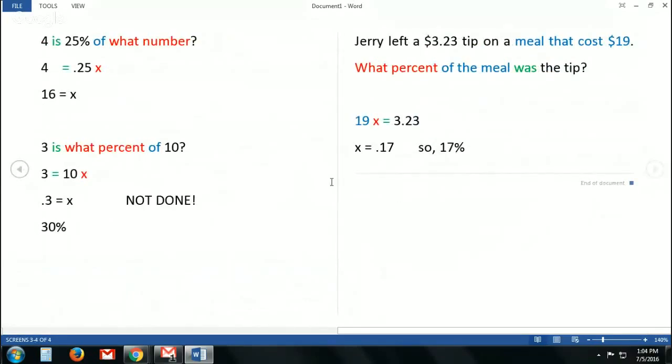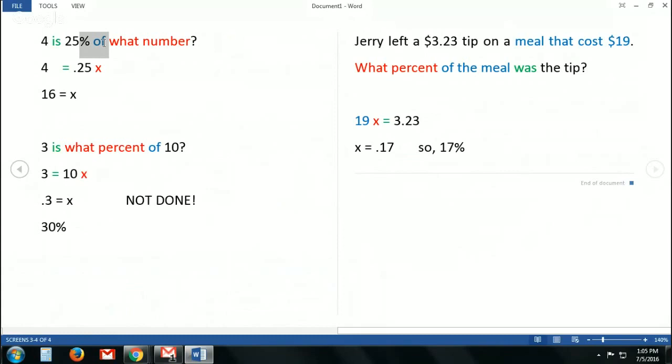This one, 4 is 25% of what number? Let's take the number 4 and bring it down. Is, that's my verb, that's my equals. 25%, again, we need to move the decimal 2 places, and 25% becomes 0.25.